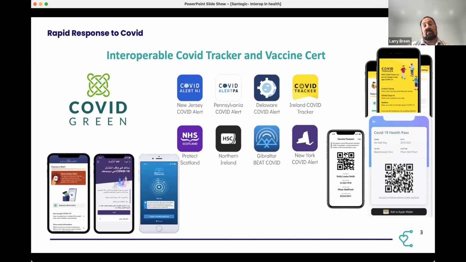And I could walk into Spain and present them with that, and they'll be able to recognize it, accept it, validate it, and feel comfortable that the person in front of them is up to date on their vaccines and boosters and all the rest of it. So we put that forward as a very key example of the impact of interoperability and why it's essential. And COVID is just a very simple example of how that needed to be done.